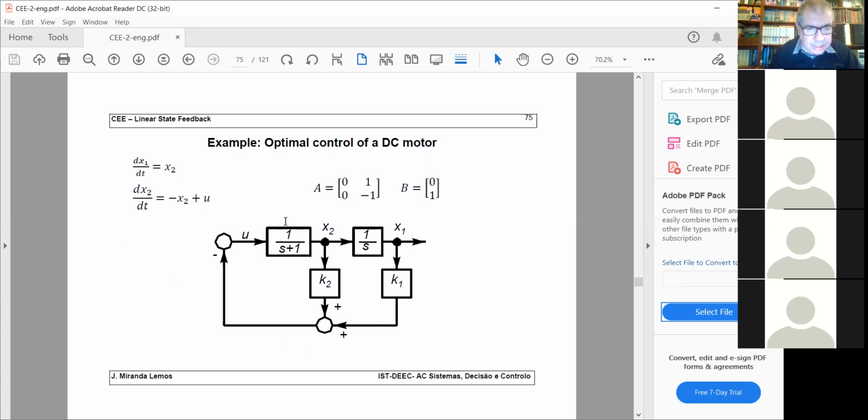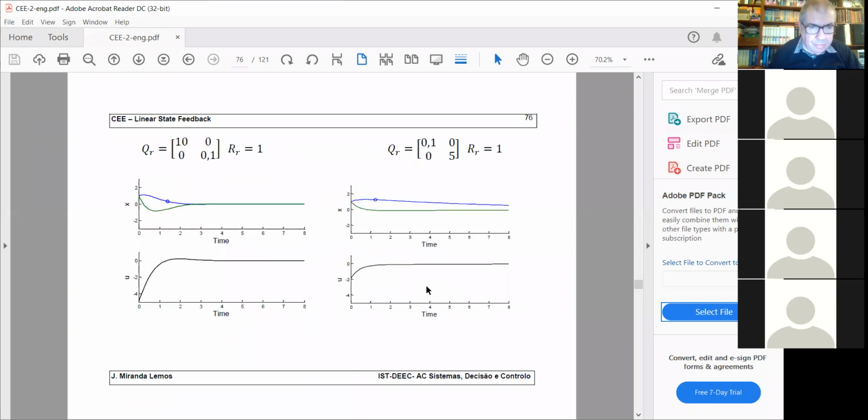So this is the block diagram. So your U is minus K1x1 minus K2x2. And you want to design K1 and K2 using this technique. Now, you apply those formulas and let's see what happens.